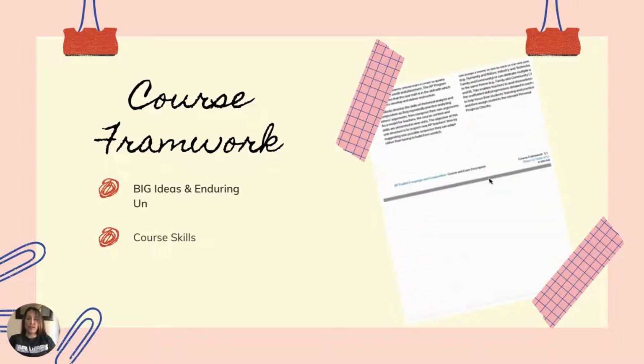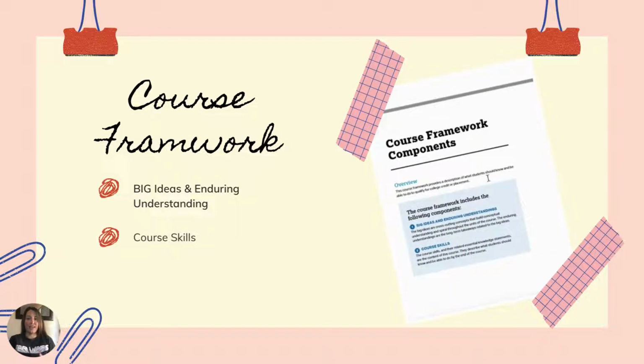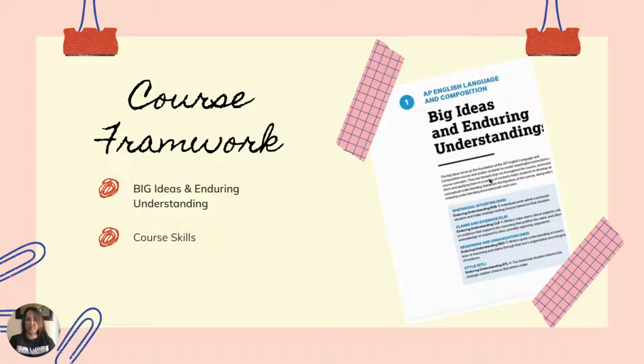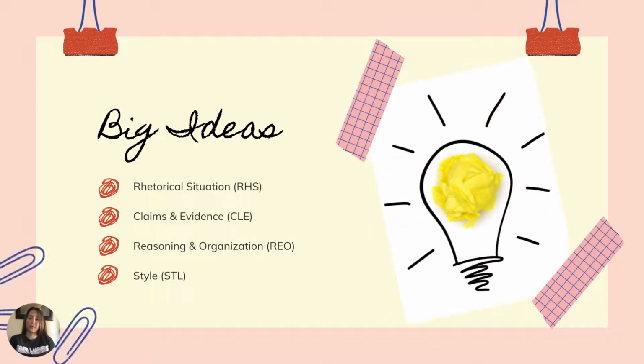The course framework includes big ideas and enduring understandings, as well as course skill objectives. The big ideas and enduring understandings are categorized into 4 topics: rhetorical situation, claims and evidence, reasoning and organization, and style.